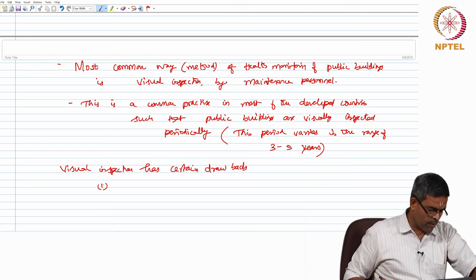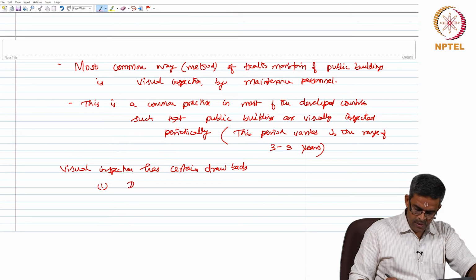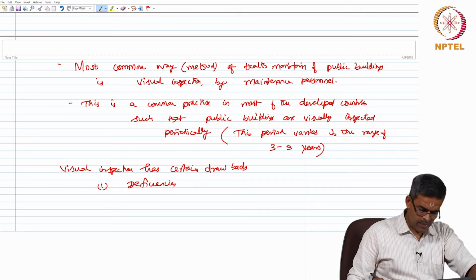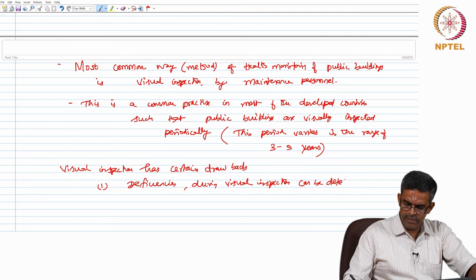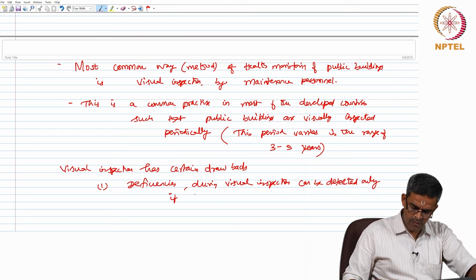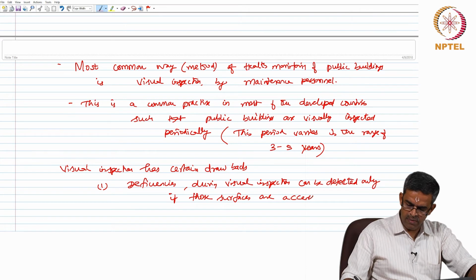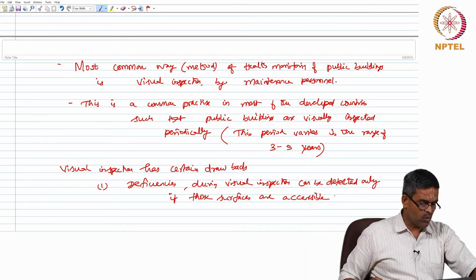The foremost drawback is that structural deficiencies during visual inspection can be detected only if those surfaces are accessible. That is one of the major drawbacks.